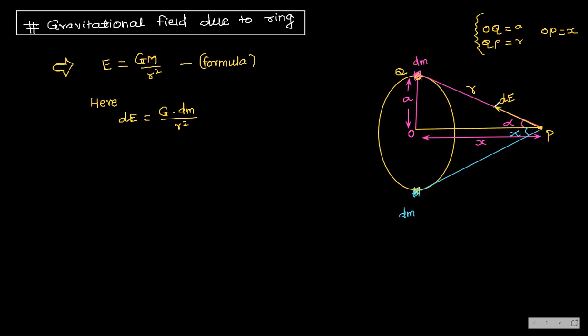Now you see, if I am considering only the above part, you have this component and this component. This component will become dE cos of alpha. Is that clear? And this component is dE sine of alpha.